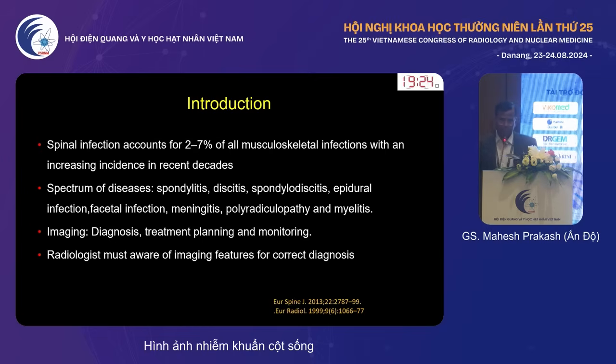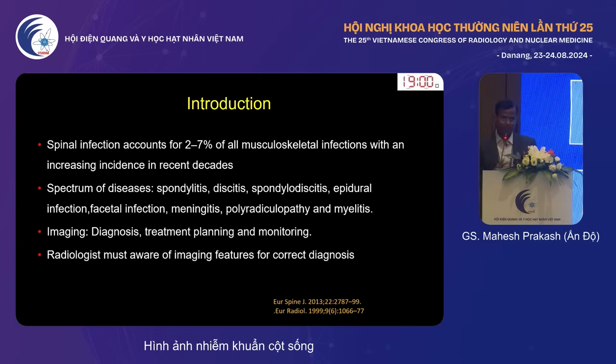We all know that spinal infections comprise around 2 to 7% of MSK infections. There is actually a spectrum of disease, starting from discitis to osteomyelitis and prevertebral and epidural lesions. Why is imaging important?